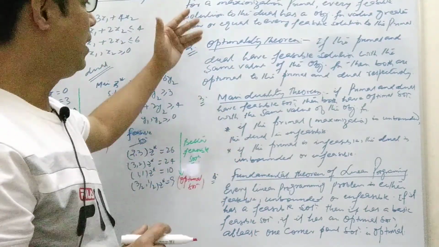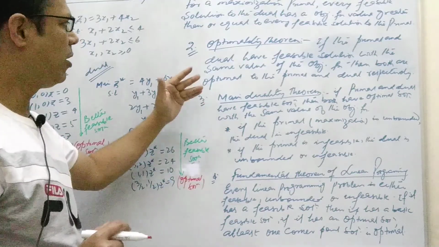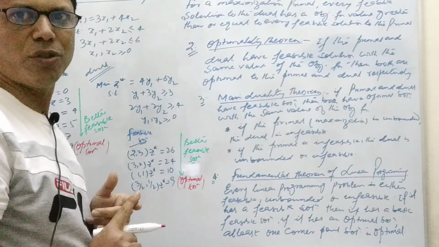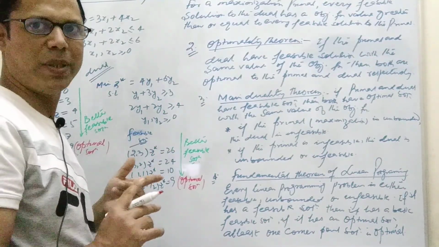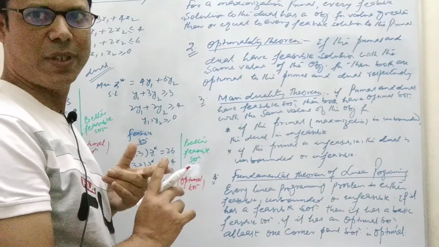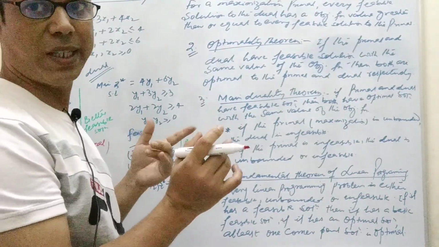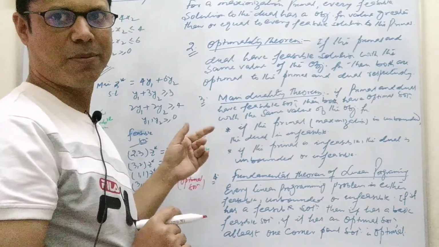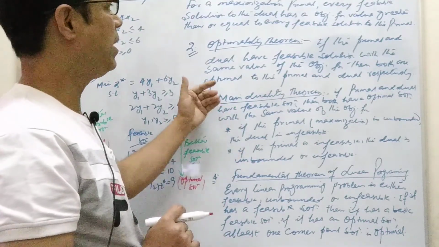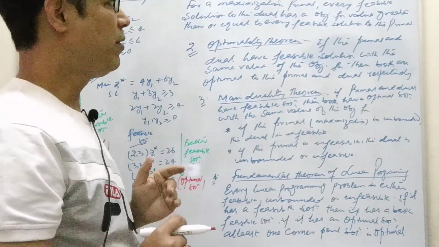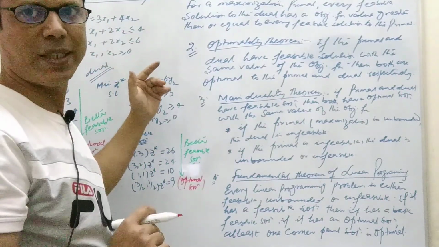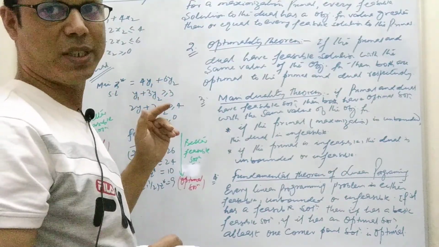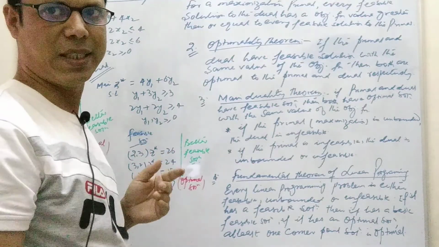If you go back in this order, from the fundamental theorem to the main duality theorem, to optimality, then the weak duality theorem, you will find all these theorems ensure the same concept. Only the way of explanation differs; they explain the same thing in different ways. I will repeat once in a fast manner, and then I will stop this session and move to the next lecture.